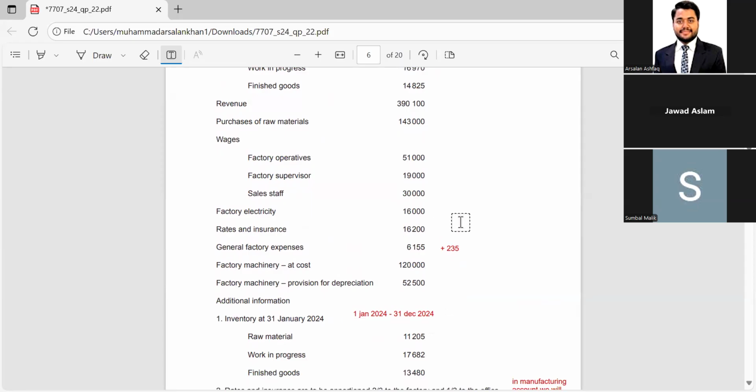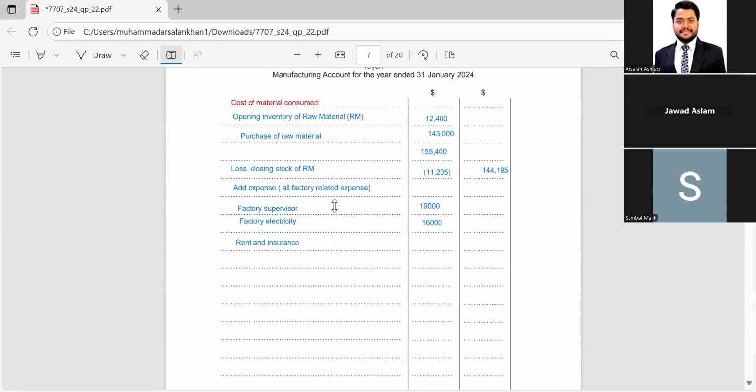We will multiply 16,200 with 2 divided by 3 because they say that 2 upon 3 pertains to factory. So 16,200 into 2 divided by 3, we get 10,800. Okay, we get 10,800 as an amount of expense to be included in the factory expense.